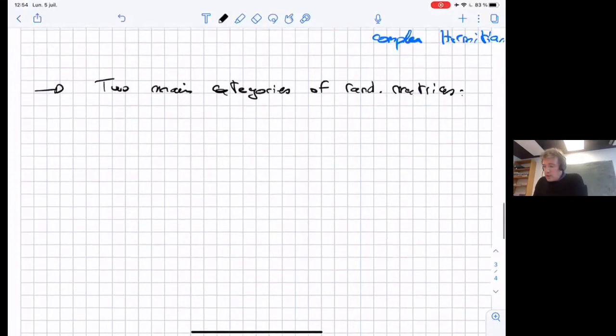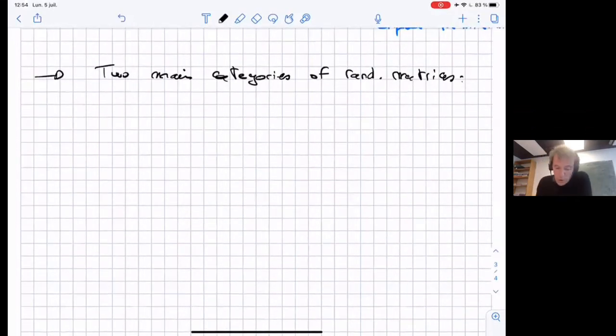So the first ensemble that I would like to discuss, and which is maybe the most natural one that you can think of, is simply ensembles with independent entries.